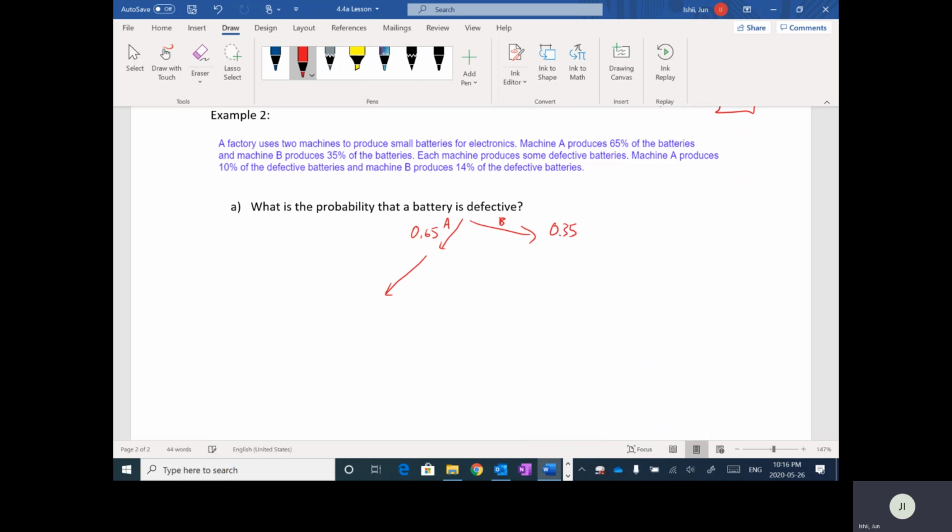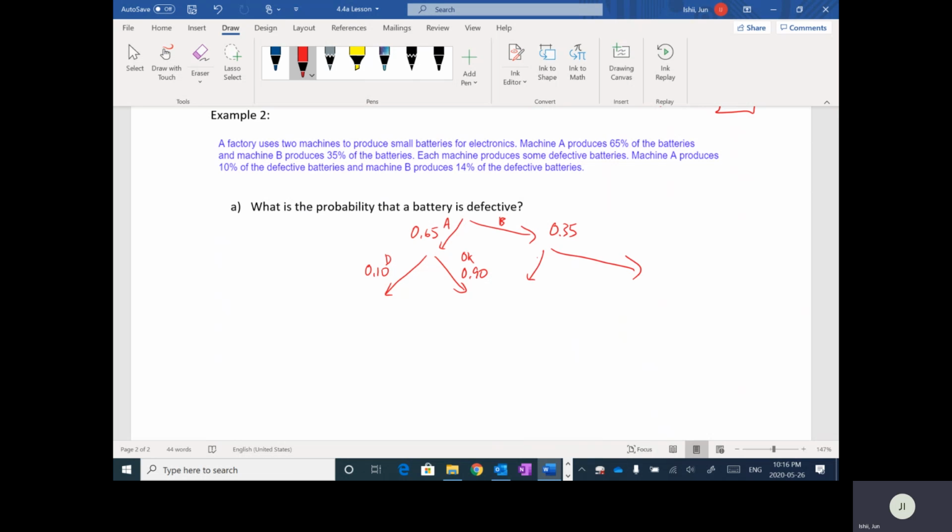Now we want to see whether they're defective or not. For machine A, 10% are defective, so I'm going to put 10% here for defective, whereas 90% are okay.